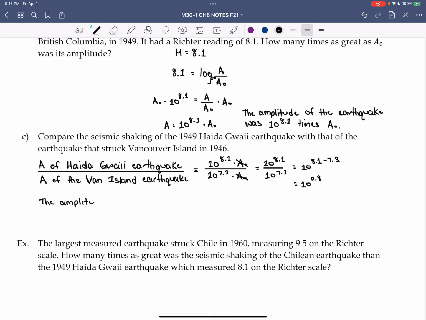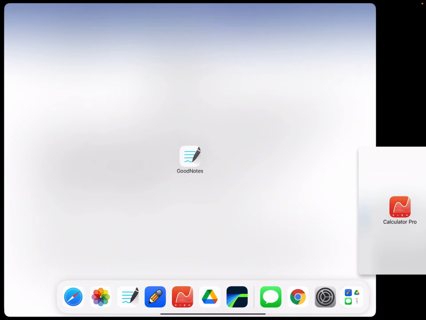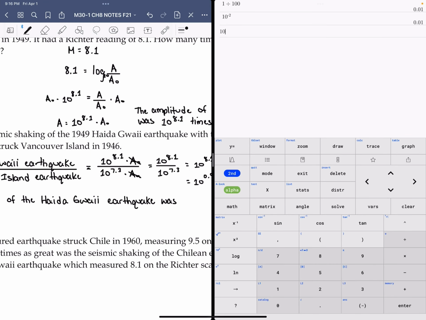The amplitude of the Haida earthquake was 10 to the power of 0.8, or we can calculate that. 10 to the power of 0.8 is about 6.3.